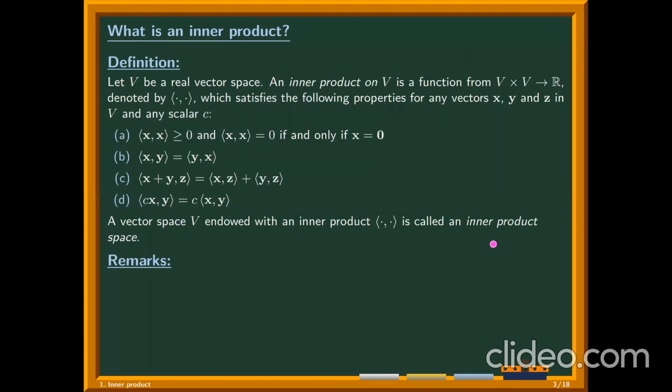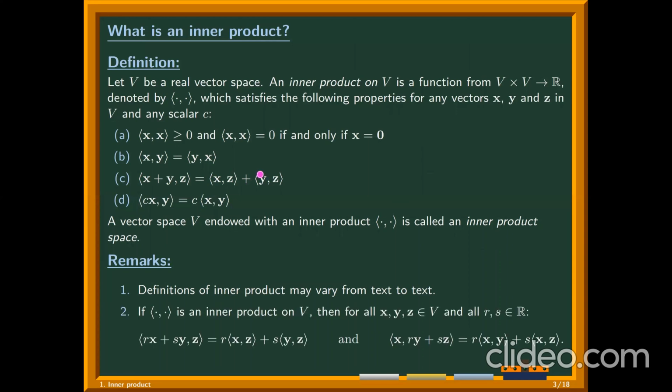Some remarks about this definition. Note that the definition of inner product may vary from text to text, so caution must be exercised. Also, properties B, C, D in the definition imply that for all vectors x, y, z and all scalars r and s, we have these formulas. Property C implies that this inner product equals the inner product of rx with z plus the inner product of sy with z.